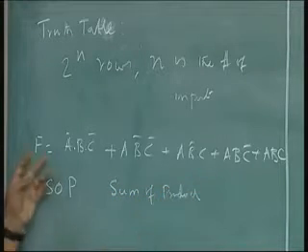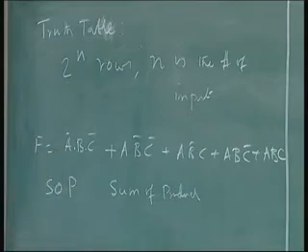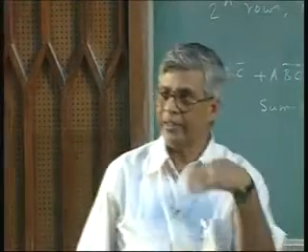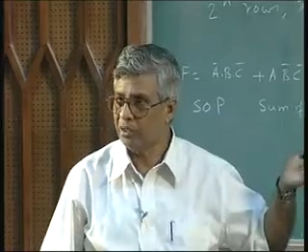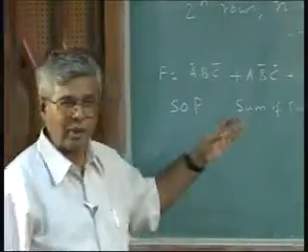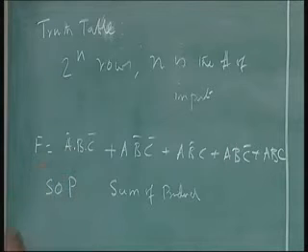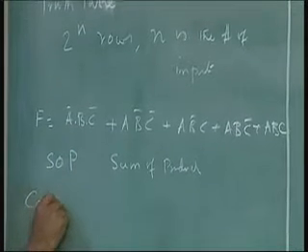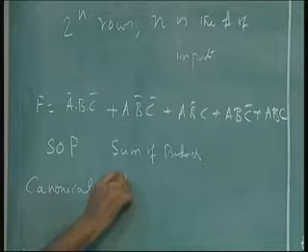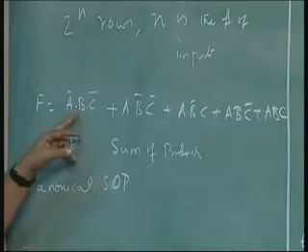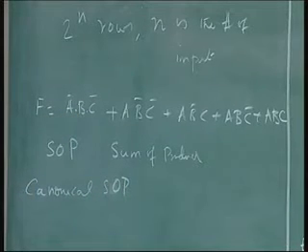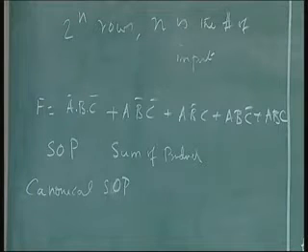The output can be expressed as a sum of products directly from the truth table. Of course, it can be simplified later on, as I told you, by either the graphical method or the Boolean algebra method. When somebody says sum of products, it should be like this, and this is particularly called canonical sum of products. That means in a canonical sum of products, each product term will have all the variables A, B, C, either in the true form or the complement form.